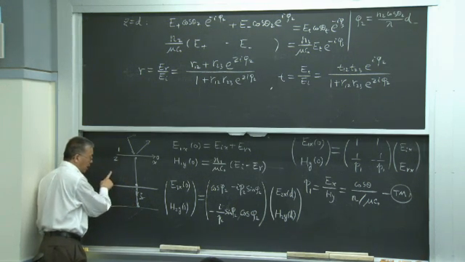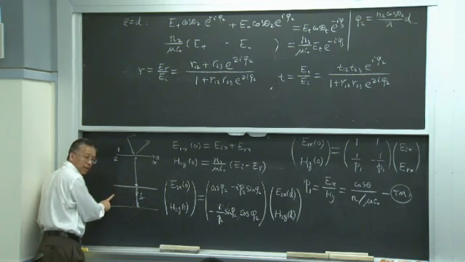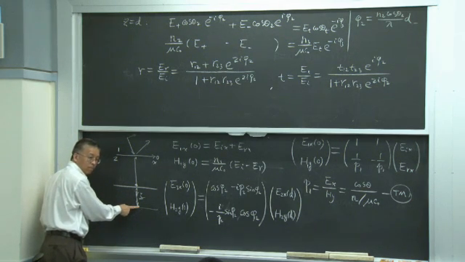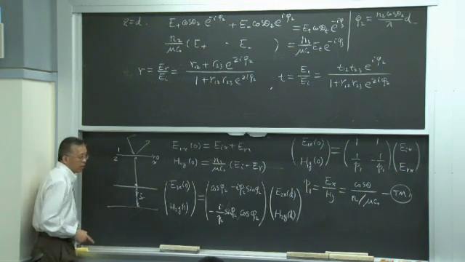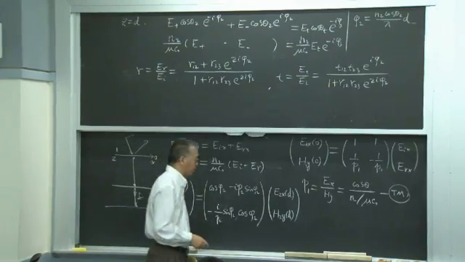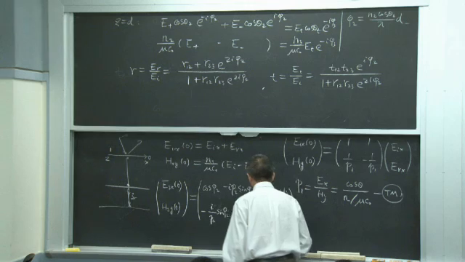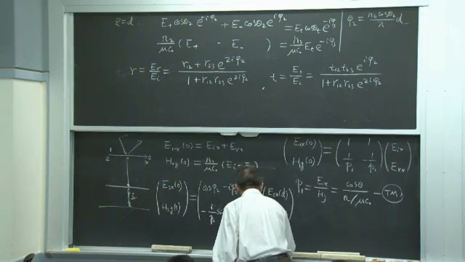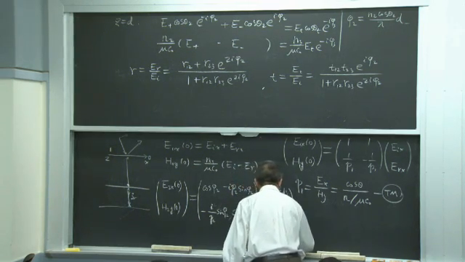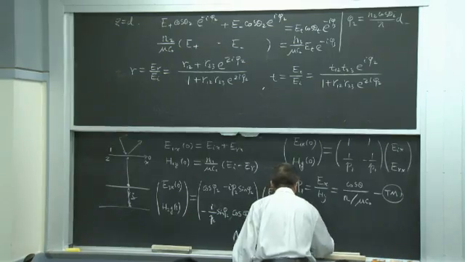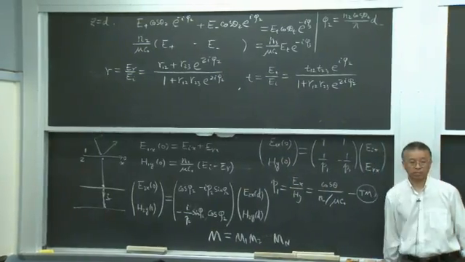If this is M1, this is M2. I time another M, I will relate to this point. Okay? So with the transfer matrix, if I have n layers, it's just M1 times M2 times Mn. So I can do any layers easily.